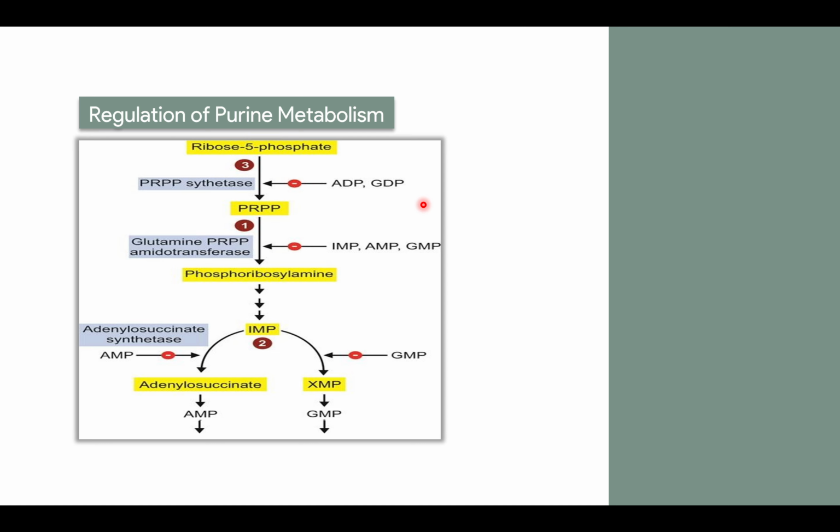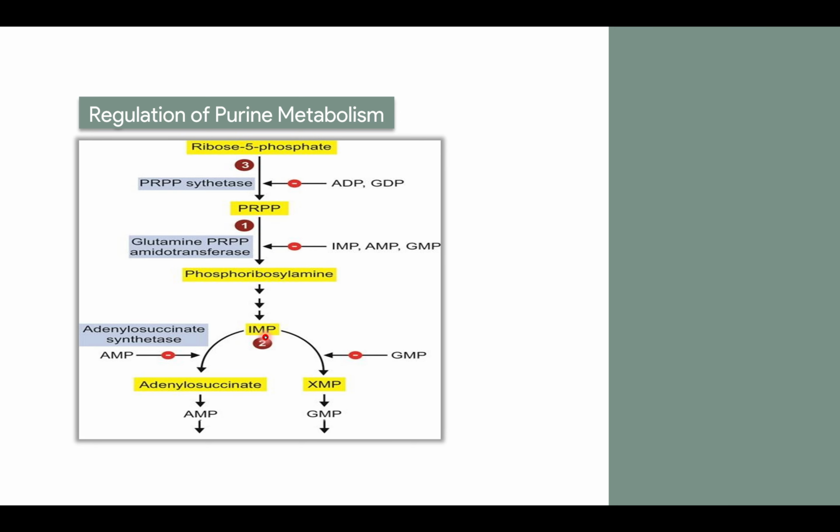Now, talking about the regulation of purine metabolism, ribose 5-phosphate gets converted to PRPP in the presence of enzyme PRPP synthetase, and PRPP forms phosphoribosyl amine in the presence of glutamine PRPP amidotransferase, which gets inhibited by IMP, AMP, and GMP. And PRPP synthetase enzyme gets inhibited by ADP and GDP. Phosphoribosyl amine forms IMP as we have seen.